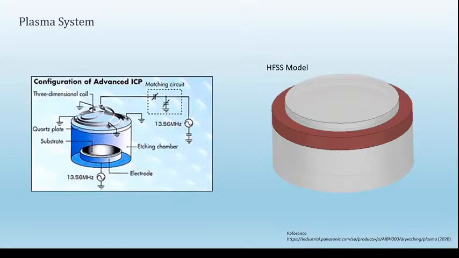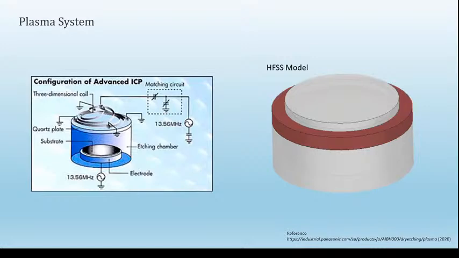With the matching box, we connect it to the RF source, because we want to make sure that full power is delivered to the coil. Below the coil, we have the quartz glass that acts like a buffer in this case, and we have the vacuum chamber.